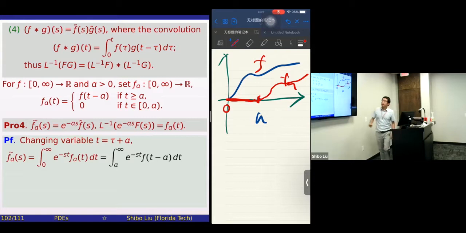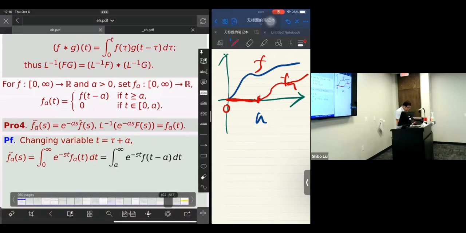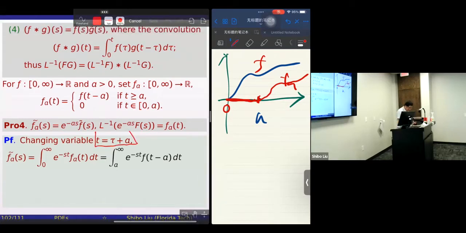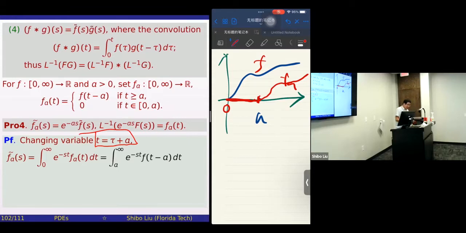Now we change the variables. t minus a, we call it tau. Therefore, this becomes f of tau. Changing variable, the last integral becomes f of tau.